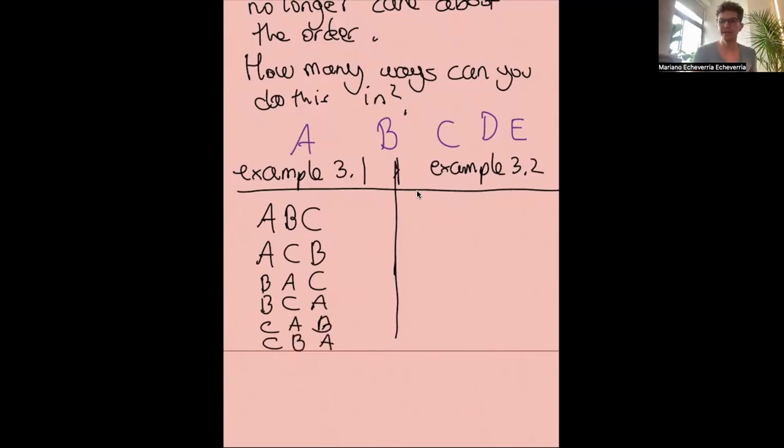Is that making sense? So in the previous example, any of these would have been considered different, right? Because I did care how I was placing them on the bookshelf. But now when I'm just moving them around, all of these are exactly the same 3 books. So they all collapse into a single representation, which you can just write ABC if you care.